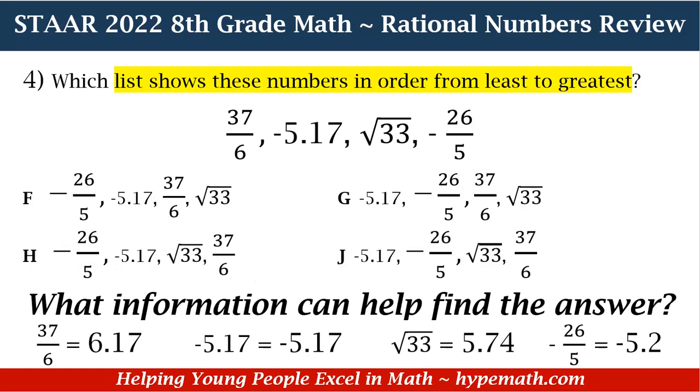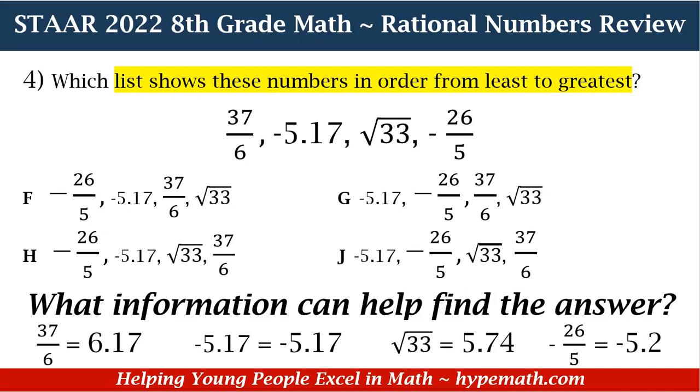The information that can help find the answer is converting all of the numbers, and we've converted them into decimal form. So 37 over 6 is equal to 6 and 1700ths. Negative 5 and 1700ths stays the same since it's already in decimal form.